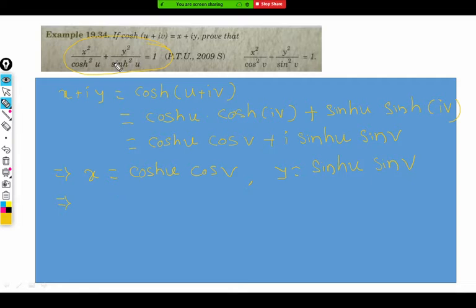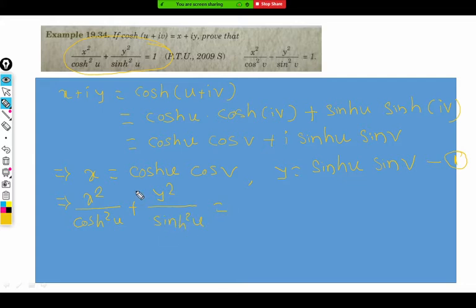Now you can start this also and give these as equations 1 and 2. Consider x square upon cos h square u plus y square upon sin h square u.